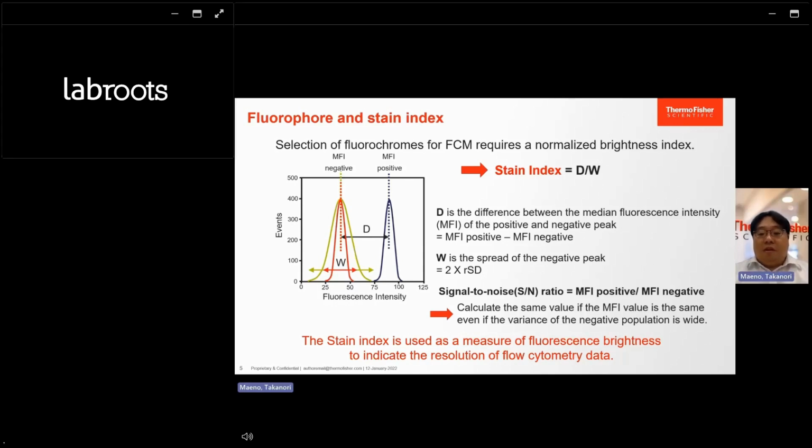Therefore, even if the distribution of the negative population is wide, the same equation is used even if the MFI values are the same. So, the stain index is a great indicator of fluorescence brightness, and it is correlated to how well your populations resolve when looking at your flow cytometry data.